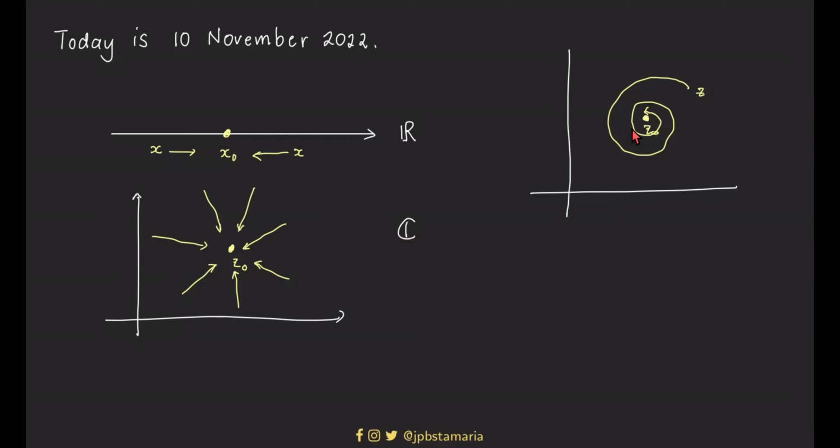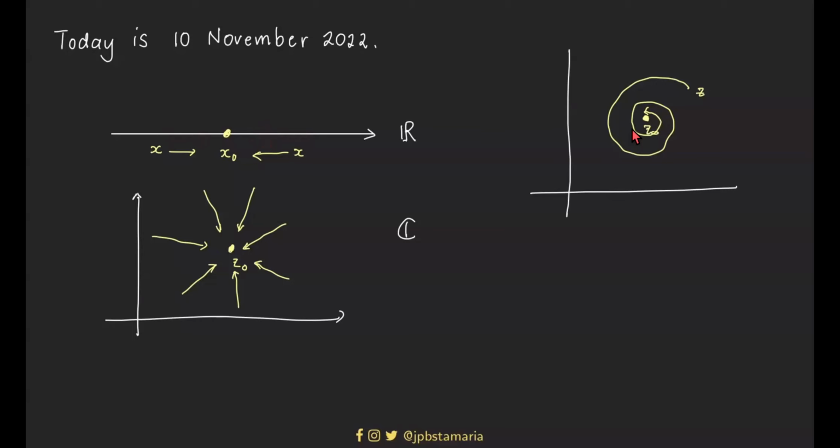Correct. Kasi if the limit exists, no matter where you are, basta ikaw ay malapit kay x naught, whether it be from the left or from the right, dapat yung value mo ay malapit dun sa isang fixed na number. So kung hindi parehas yung ina-approach mong number from coming from two different directions, then the limit does not exist. That's an indication.